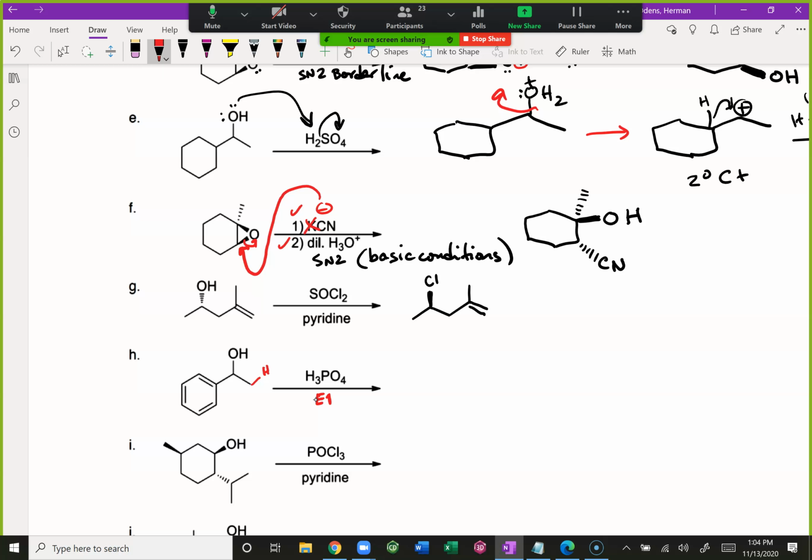So this reaction goes via a carbocation intermediate, forms a really stable benzylic carbocation.